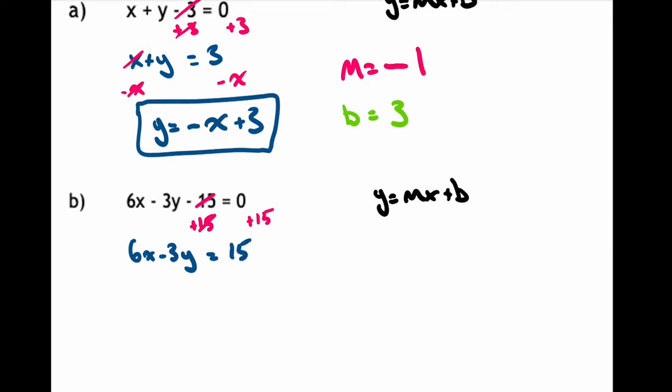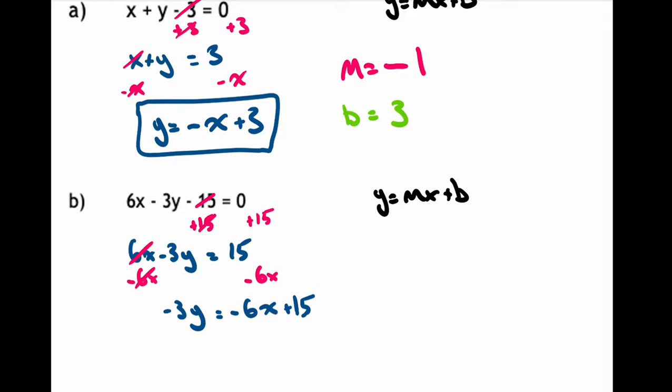Now I want to move this 6x, so I'm going to subtract 6x from one side, and from the other. It'll cancel out. Minus 3y equals negative 6x plus 15. Now I don't have y by itself yet because I still have a coefficient, or a number, attached to it.